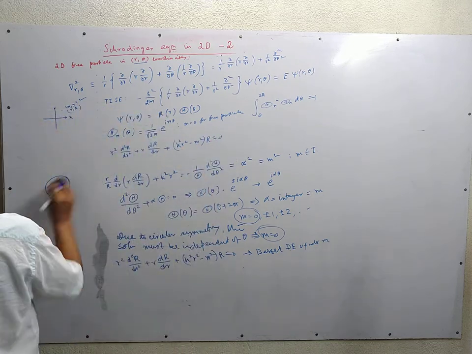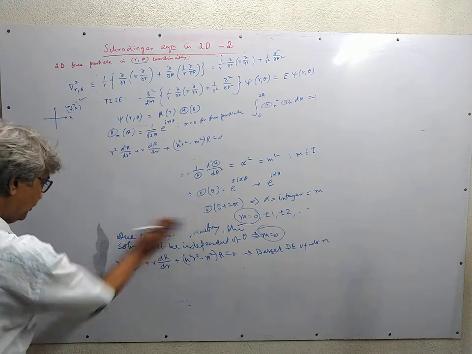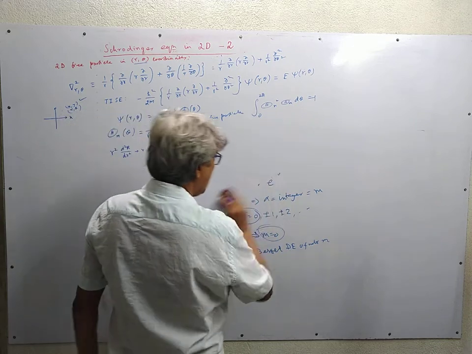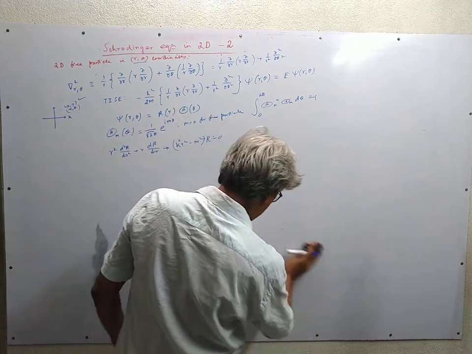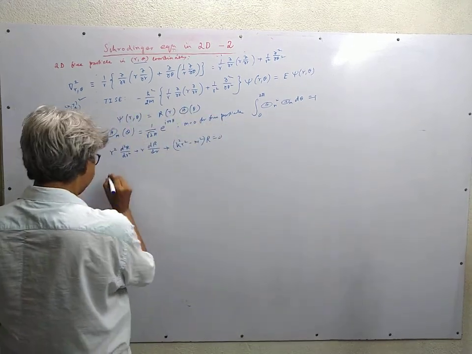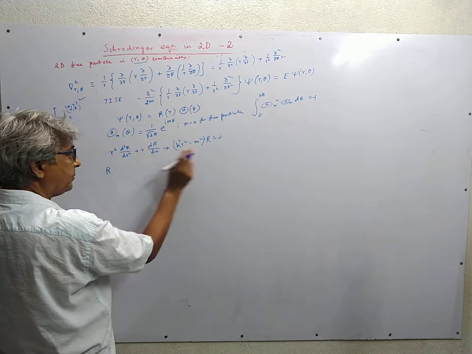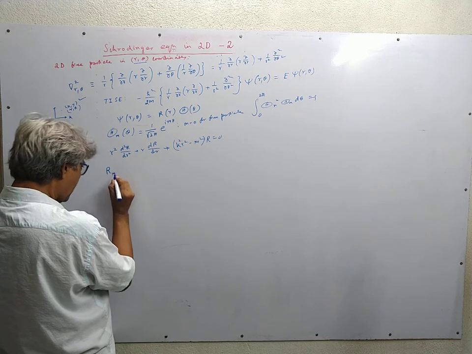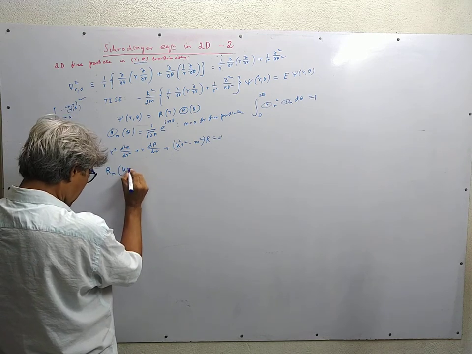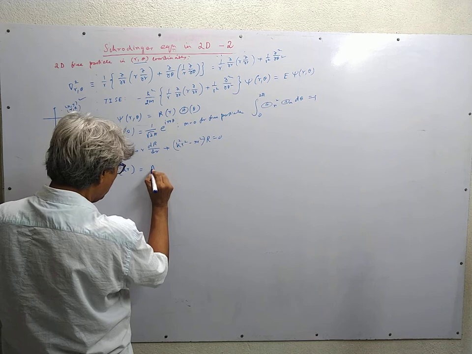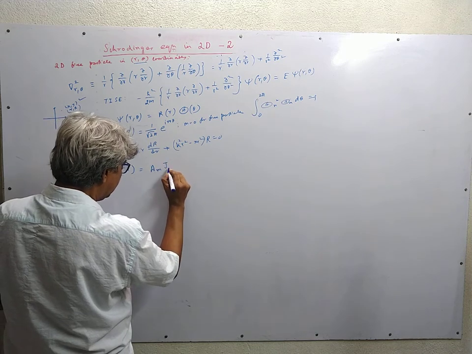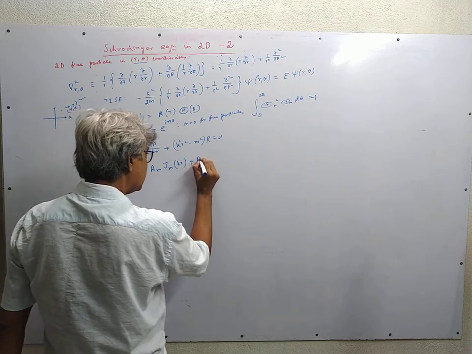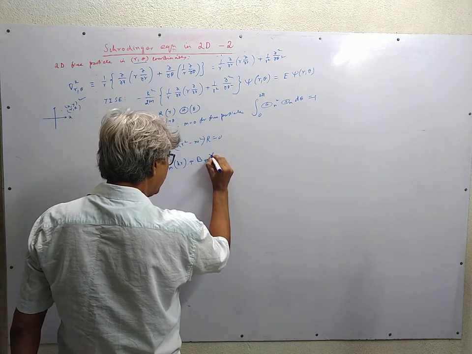So this is the Bessel differential equation, and the solution can be written as, in general, R depends on m and k, so it depends on m and kr, R is equal to Am Jm of kr plus Bm Ym.